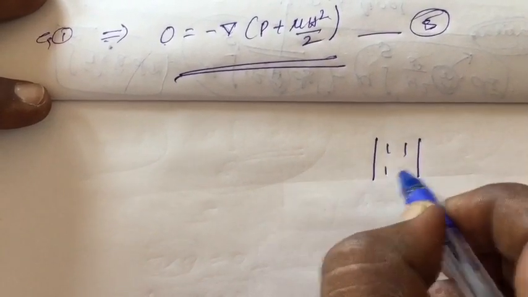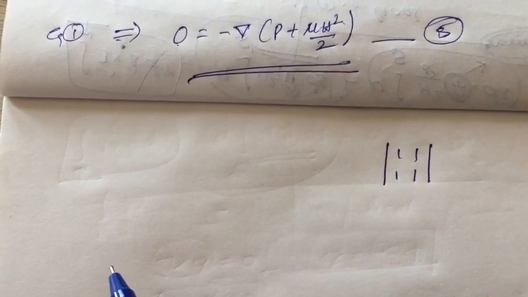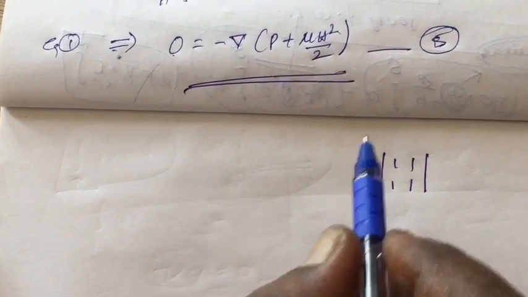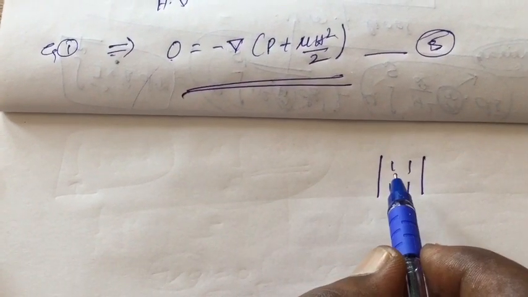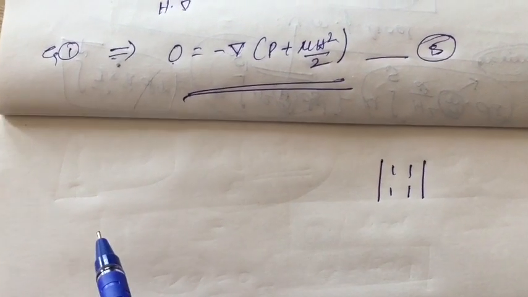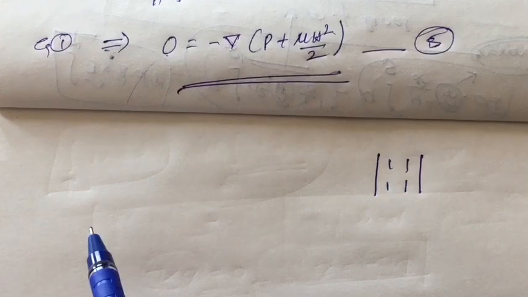If two rows or two columns of any matrix are equal, then the determinant value is 0. But here I am giving a small perturbation to any one of the elements.